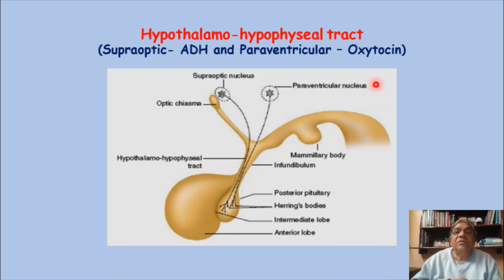They are neuroendocrine cells, and the oxytocin and antidiuretic hormone then pass through the axons of these neurons, which are in thousands, come through the infundibular stalk, and ultimately end in the posterior pituitary.